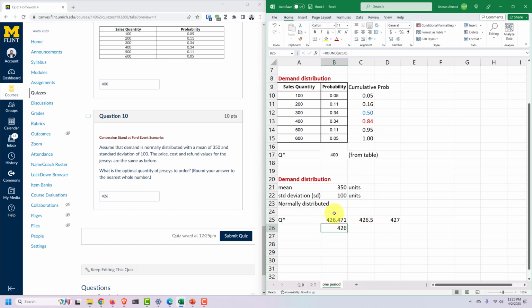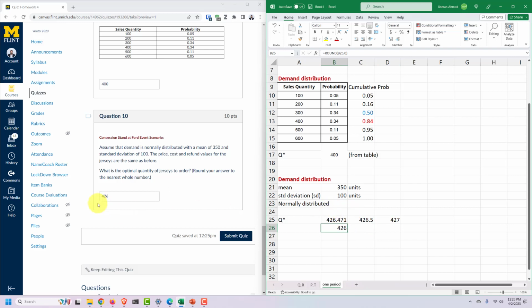But if you round directly from here to here, you get 426. Why? Because 0.47 is less than 0.50. If you do the comparison in one go, 426.47 is less than 426.50, so it goes to 426. That'll be correct. But some people have been taught to first round to 1 decimal place and then go here. Either way, I would accept both answers, 426 or 427.